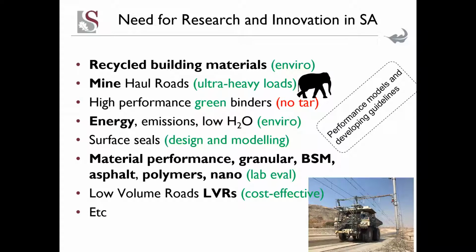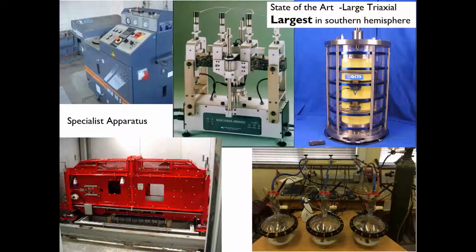We look at green binders where we don't use fossil fuels and find an environmentally friendly type of binder, as well as measuring energy and emissions, because these are extremely important to optimize and to have the minimum impact on the environment. And then finally, in those innovative materials, we've got all sorts of polymers and nano products that can give us special performance that we need to research.